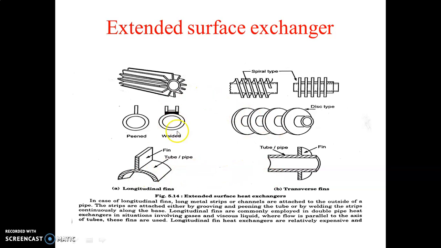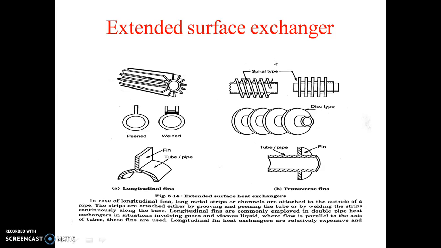So these fins are added in the heat exchanger, and the fluid having the low heat transfer coefficient passes in the tube, and the fluid having the higher heat transfer coefficient passes outside the tubes. In this way the heat transfer takes place in extended surface heat exchangers.